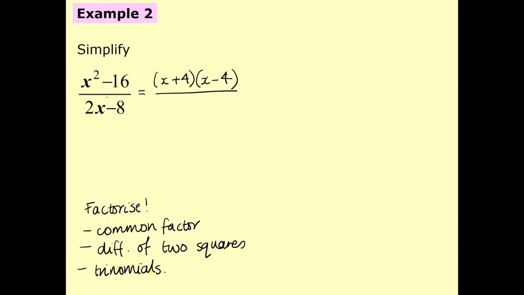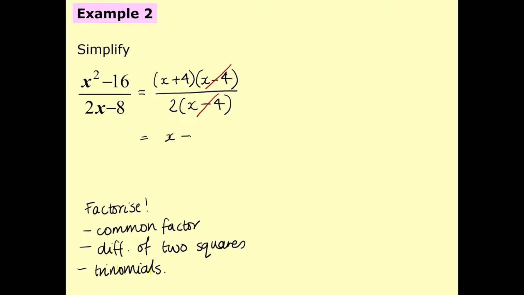And for the denominator, first thing we always look for is a common factor, and there is a common factor of 2, so I'm going to take that out. And hopefully what's nice about these questions is that you should notice if you've got brackets, one of them should be the same on the top and the bottom. So we're going to use our skills of simplifying fractions that we've covered so far to cancel those two brackets out.